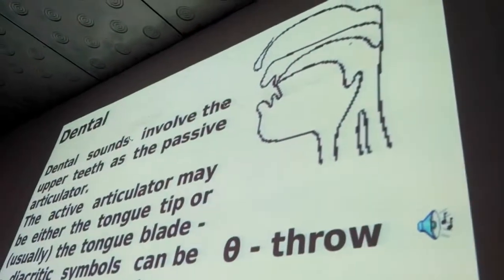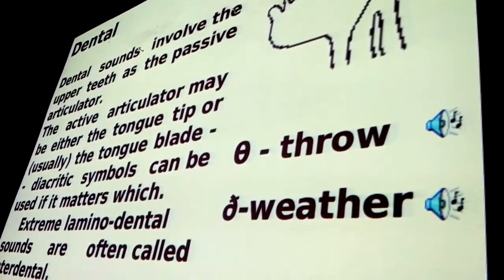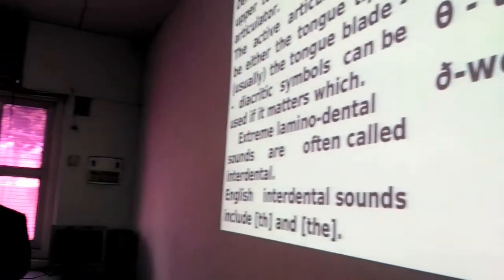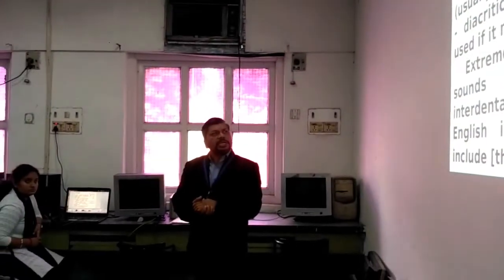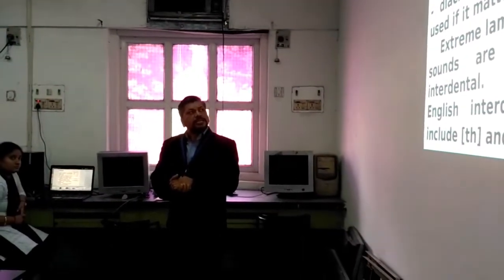The next category is dental. Dental sounds involve the upper teeth as the passive articulator. The active articulator may be either the tongue tip or the tongue blade.